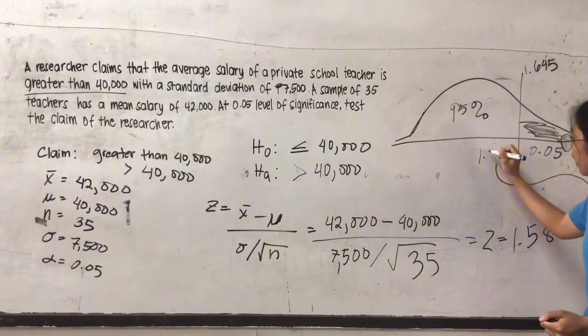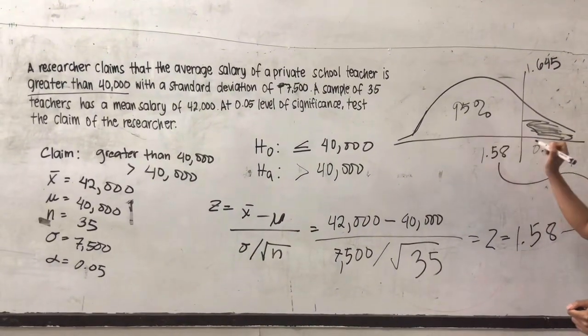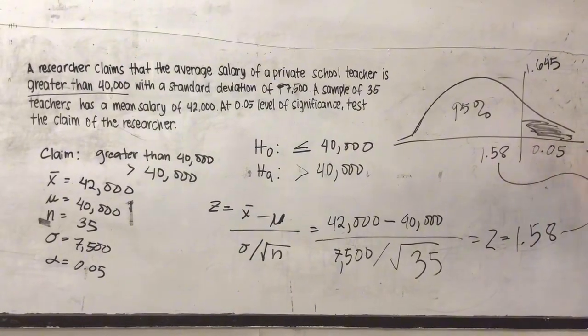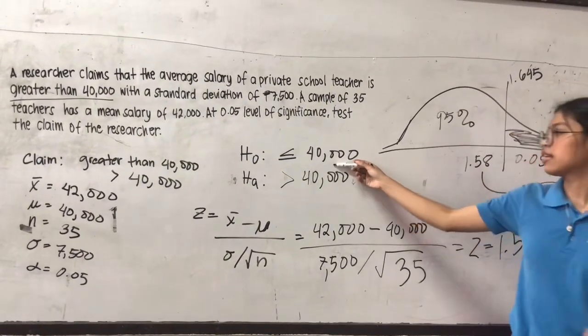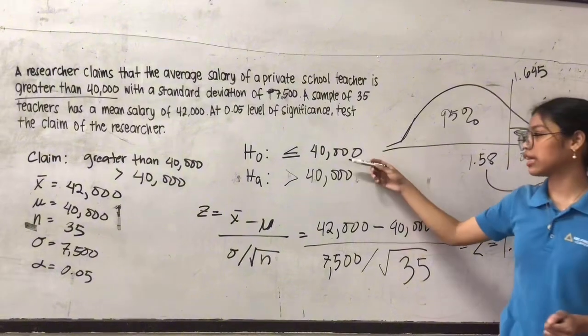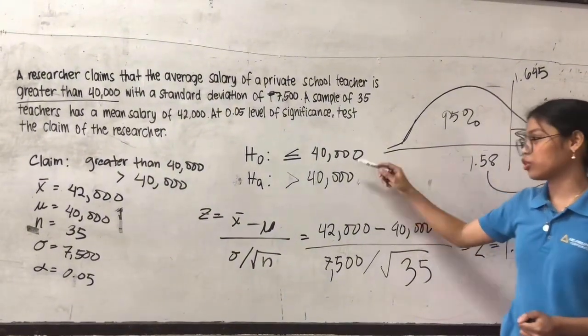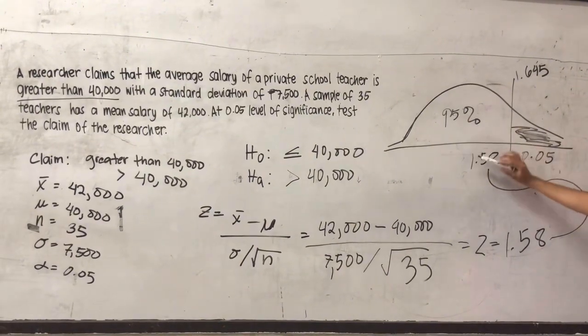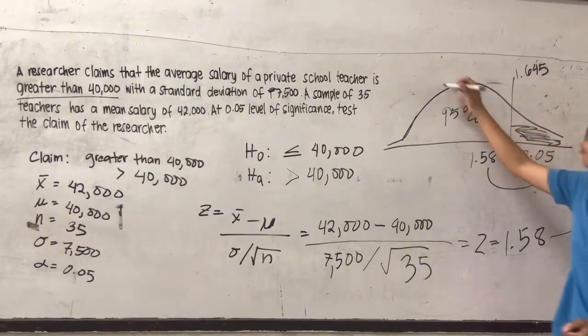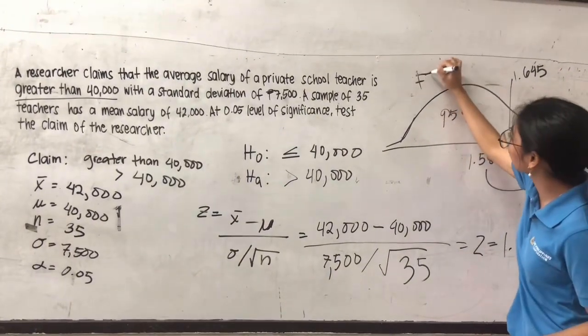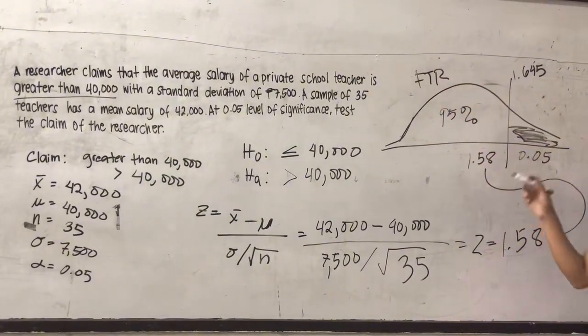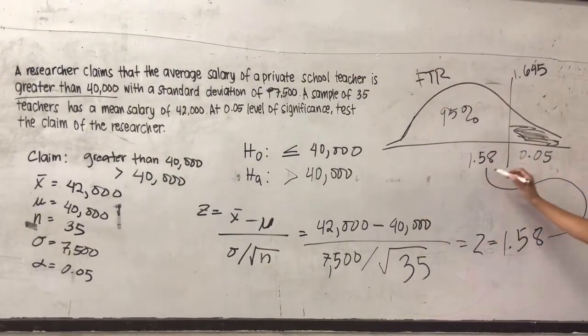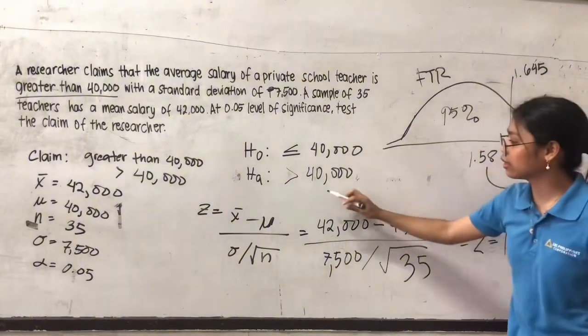So 1.58. That means the claim in our null hypothesis is true, because this region is what we call the FTR, or failed to reject region, which means it is accepted.